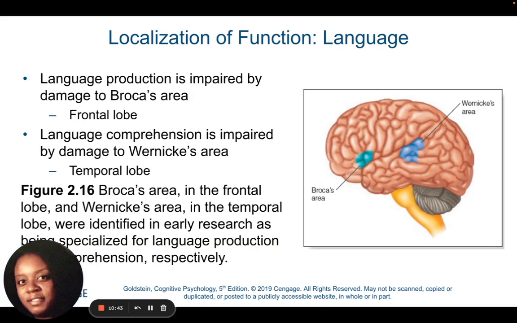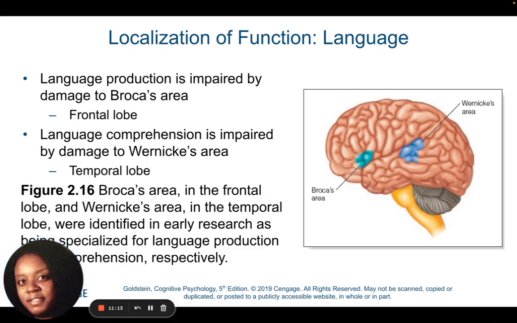When it comes to brain localization, there's one specific thing that we know is localized to specific areas of the brain, and that is language production. Broca's area is a part of the frontal lobe, which is responsible for our ability to engage in speech production.